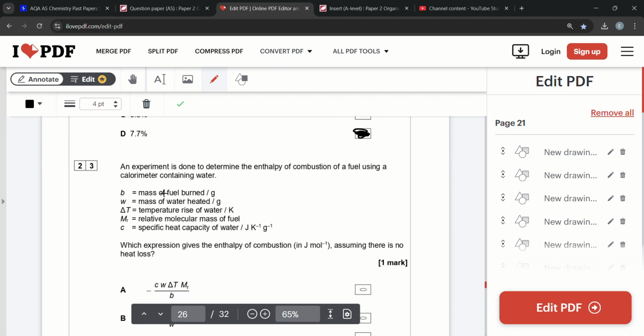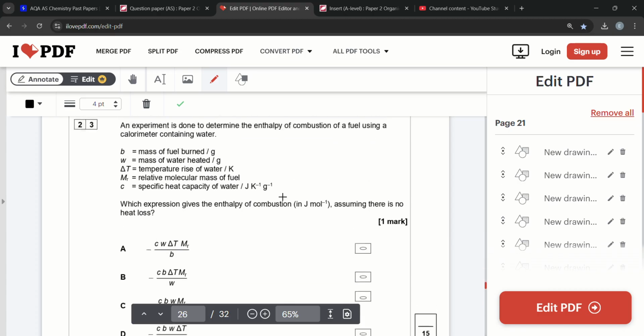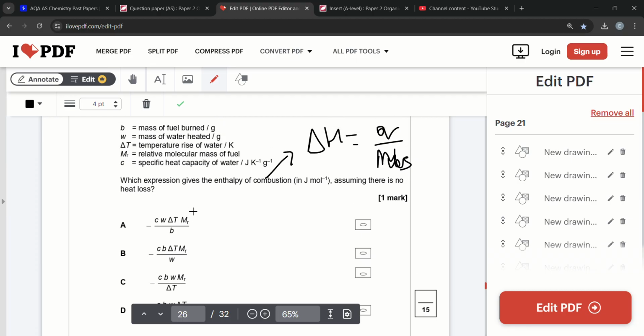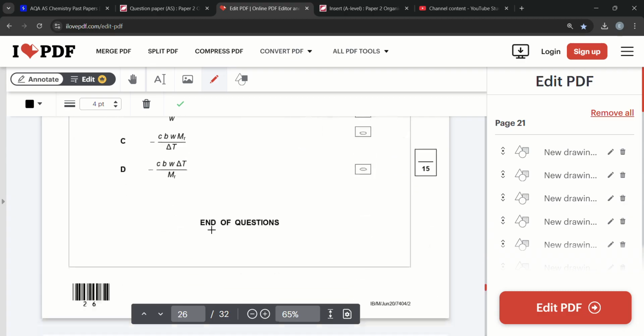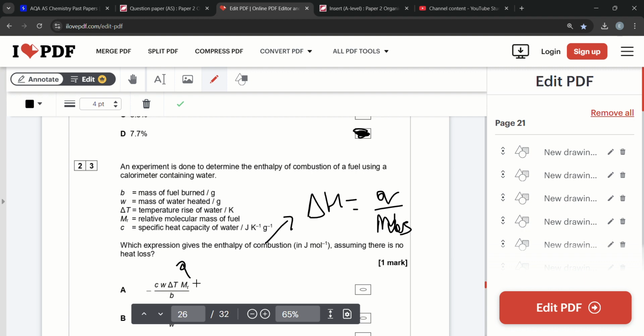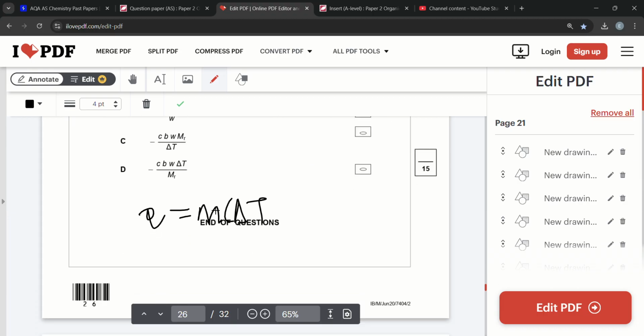An experiment is done to determine the enthalpy of combustion of a fuel using a calorimeter containing water, where the experiment gives the enthalpy of combustion. Enthalpy of combustion, delta H. Well, delta H is equal to Q divided by number of moles. Q is equal to mc delta T. And in this case, M is the mass of water, not alcohol.